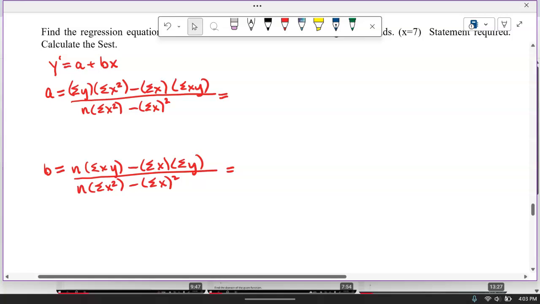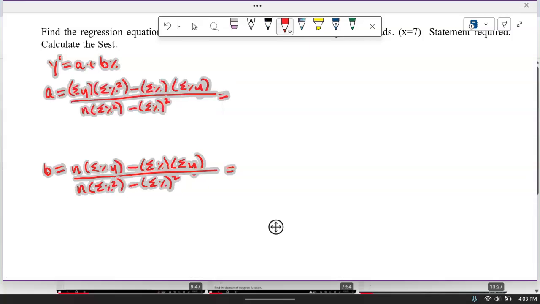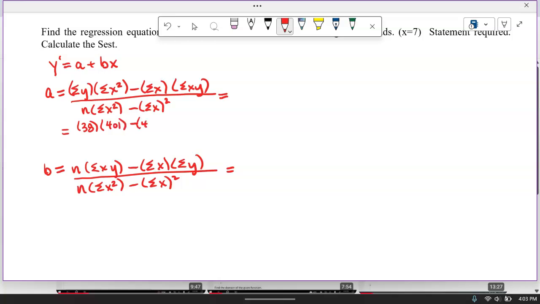Now, once I have my formulas written down so you can see what I'm plugging into, I'm going to go ahead and plug in down here. It is 38. And again, these are the same columns that we built before.